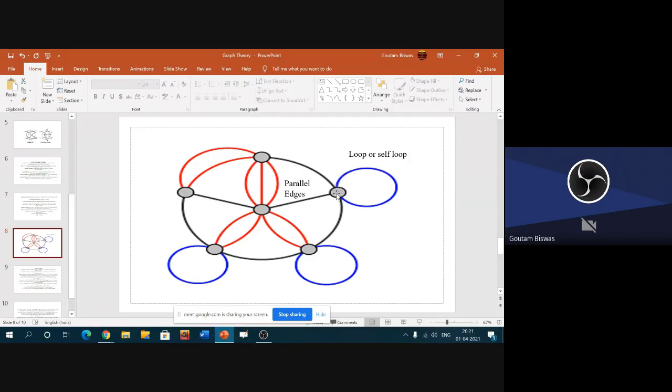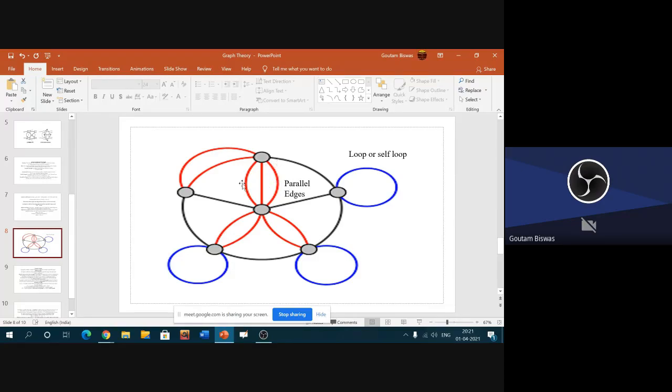This and this, there is a connection, but this and this has, what is this? Parallel edges. Understood? Adjacent. This is also adjacent.